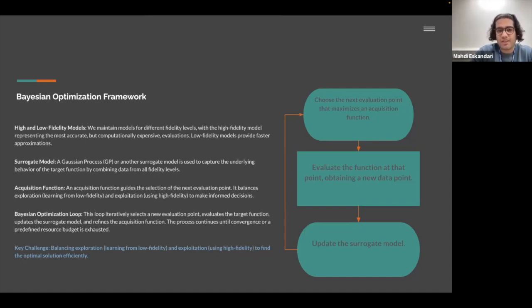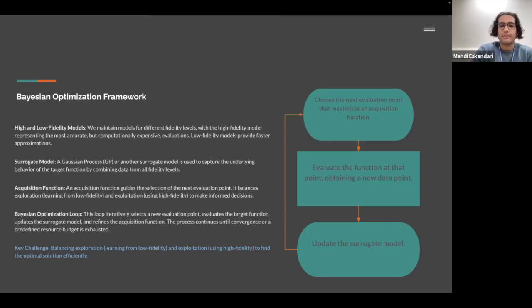There are some key challenges here. One of them is the cost of using each information source, because as I said, the high fidelity one is very expensive, whereas the low fidelity one is very cheap. So the cost of these two would be different. The challenge could be in the case that the ratio between these two costs is very high or very low.